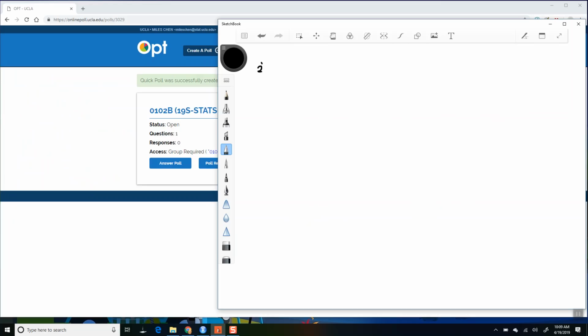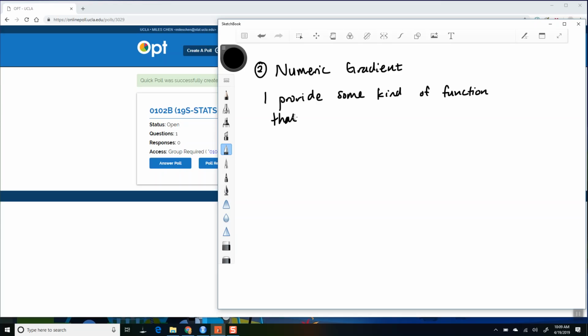Number 2, I was thinking of a numeric gradient problem. I provide some kind of function that takes in a vector and outputs a scalar.